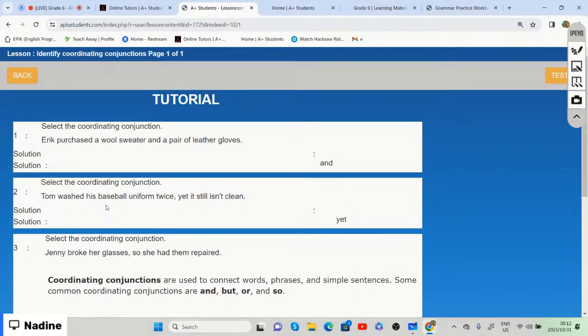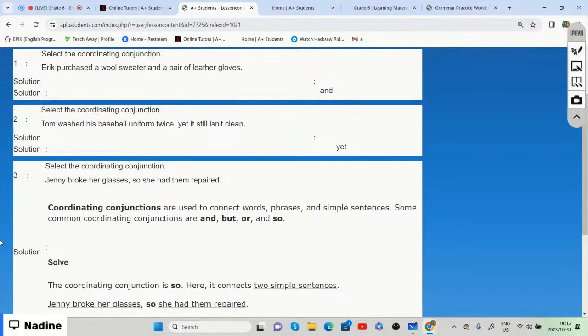A coordinating conjunction connects words, phrases, and simple sentences. Some common coordinating conjunctions are and, but, or, and so. These are the words used to connect words, phrases, and simple sentences.